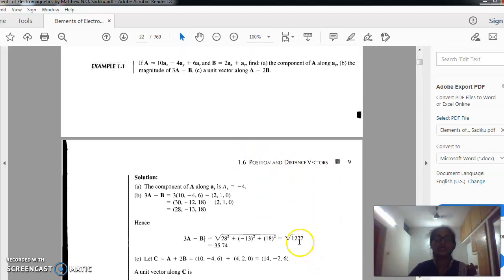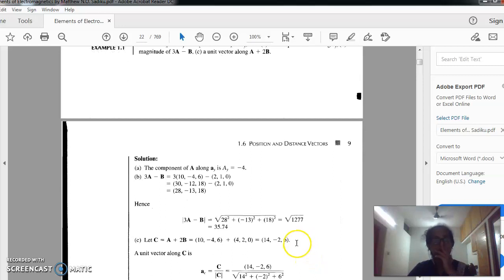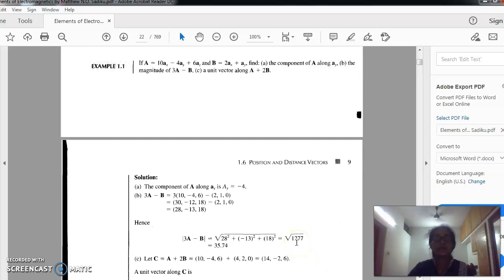Okay. So it's worked out here, that problem. So the component of A along ay, that is already given. It is minus 4, isn't it? See, component of A along the y direction is nothing but the coefficient of ay. So that is minus 4. Next, 3A minus B. That is also simple.